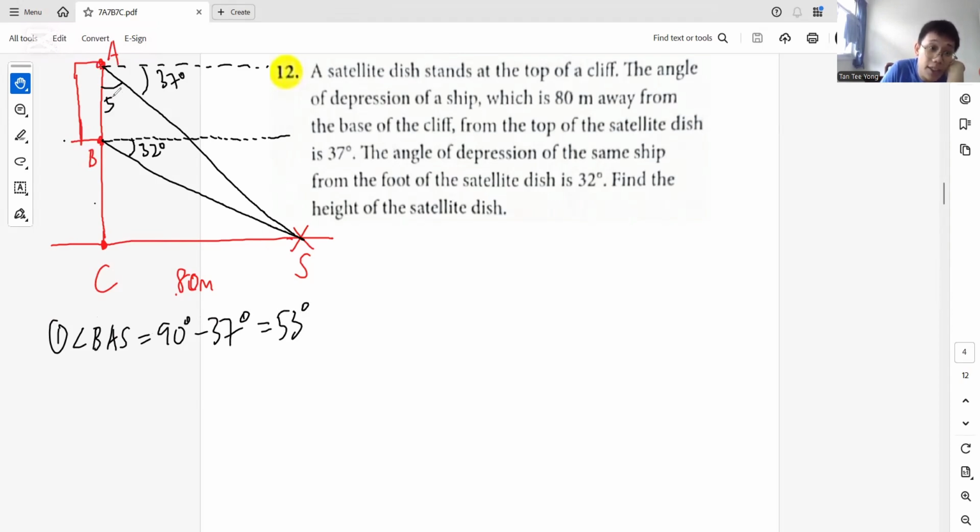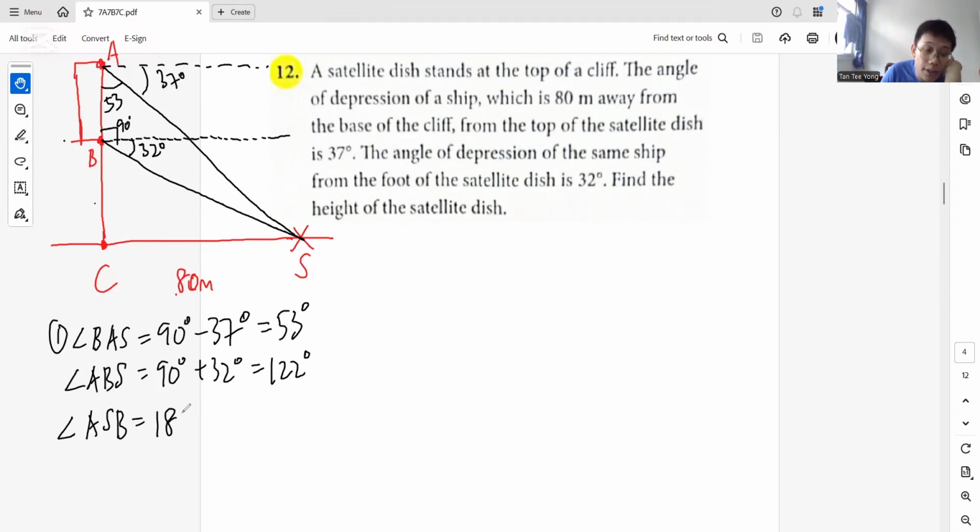Then we find ABS, this entire angle here. It's 90 degrees plus 32 degrees, so 122 degrees. Then angle ASB is 180 degrees minus 53 degrees minus 122 degrees, which gives us 5 degrees.